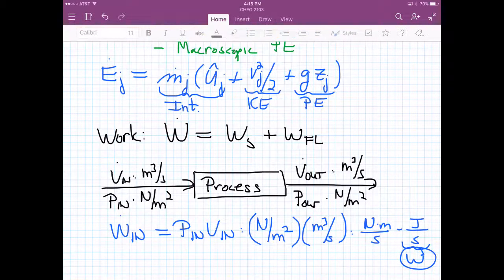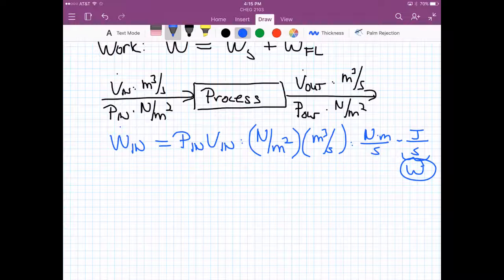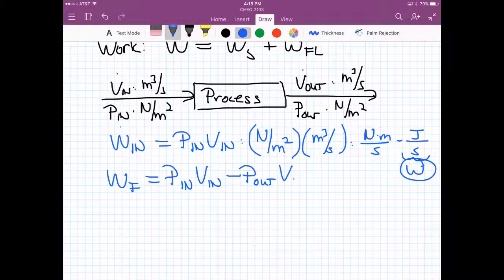So I can do the same thing for out. And so I can say that my flow work is equal to P in V in, the net work, minus P out V out. And I can also arbitrarily take that to any number of input and output streams.